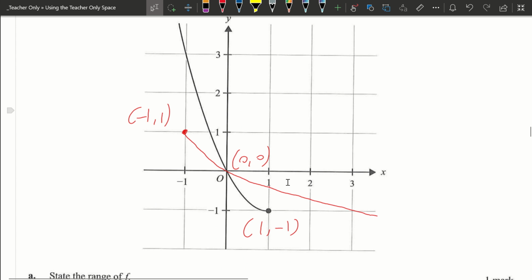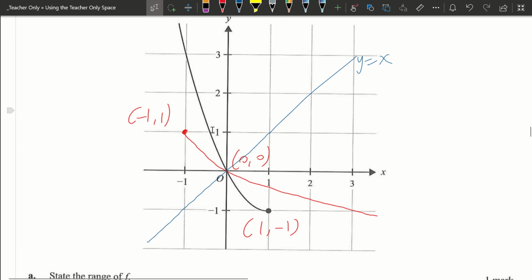You also know that the inverse is meant to be symmetrical. Your inverse and the original are symmetrical around the line y equals x. Visually, that's what you do.